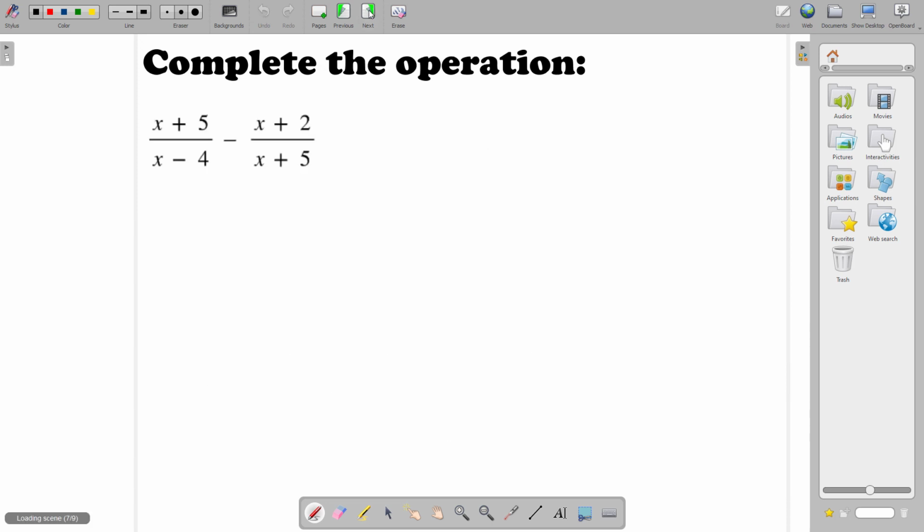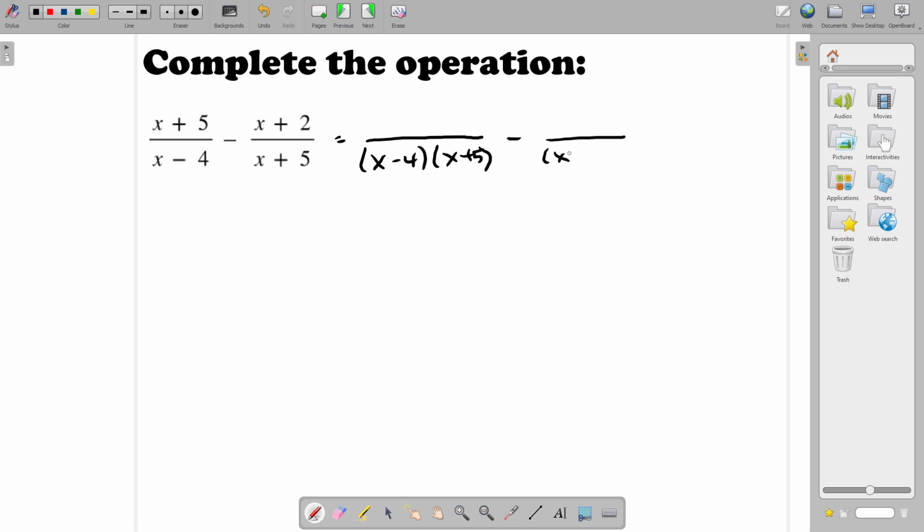Okay. All right, let's step it up just a little bit. This time we have two expressions that are different, and we are subtracting this second fraction. So my common denominator, my least common denominator, is x minus 4 times x plus 5.